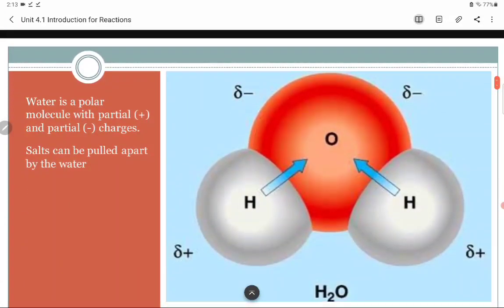So we've talked about how this dissolving happens, and so water has the ability, because it's so polar, it has those partial positive and partial negative ends that can actually pull many of these ionic compounds apart into their ionic components.